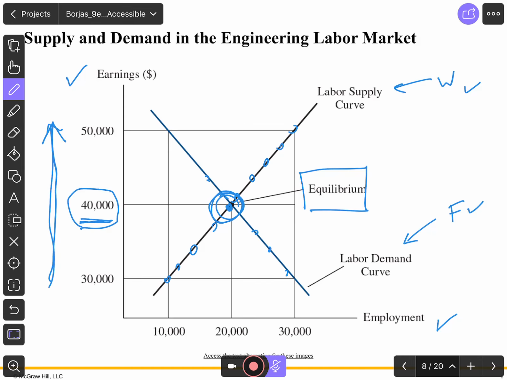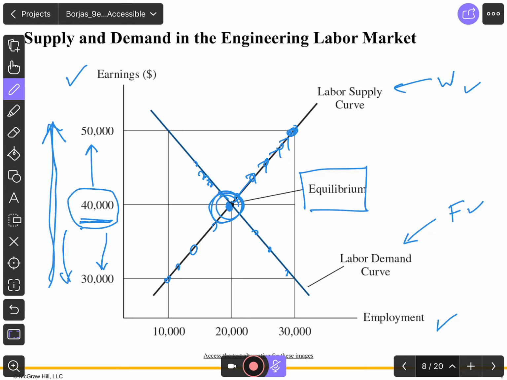Of course, the workers would prefer to go all the way up, and that's why if we go from 40 to 50, we move more along the supply curve. And of course, the firms actually prefer 30,000 over 40,000, because this means a lower cost, and if there is a lower cost, they would demand more.